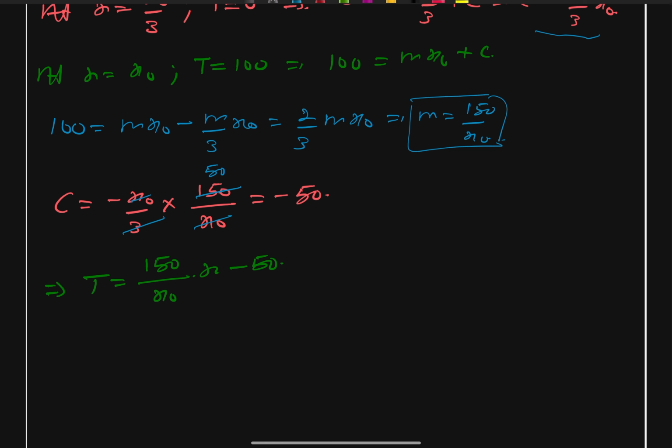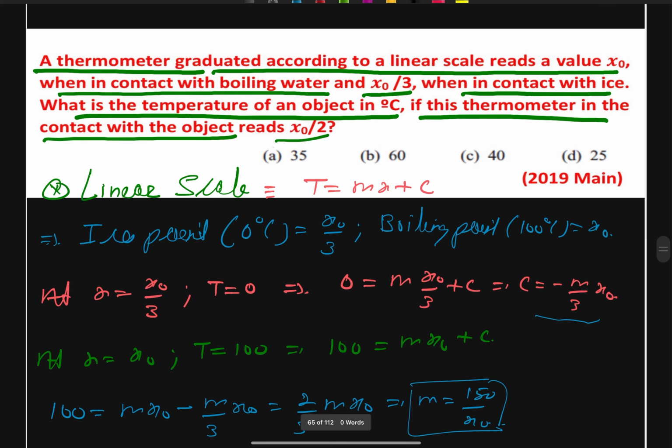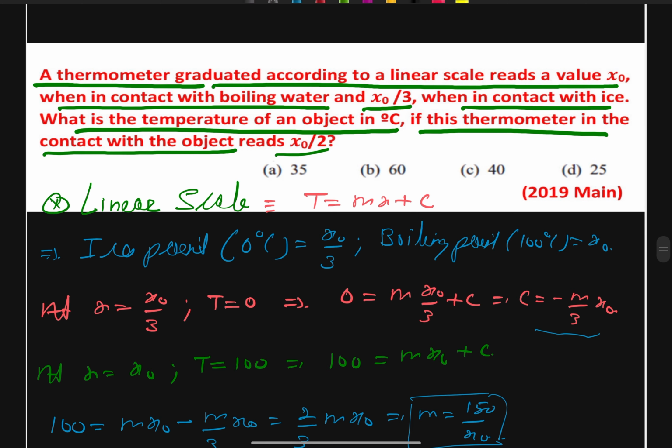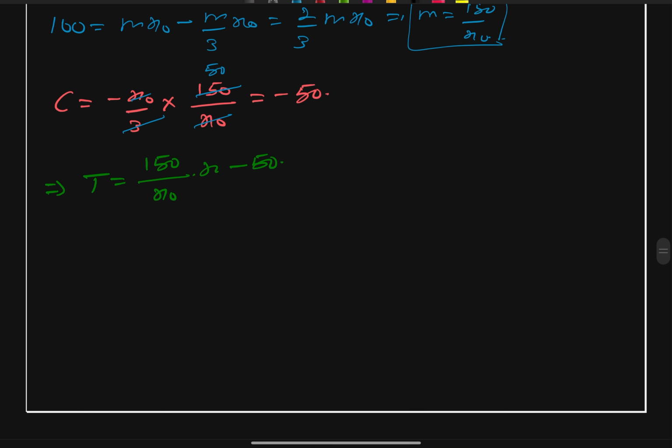And now we are given the temperature at x naught by 2. Therefore at x is equal to x naught by 2, we can write the equation that T is equal to 150 by x naught times x naught by 2 minus 50.